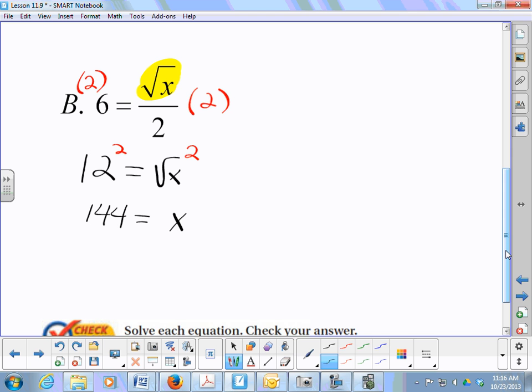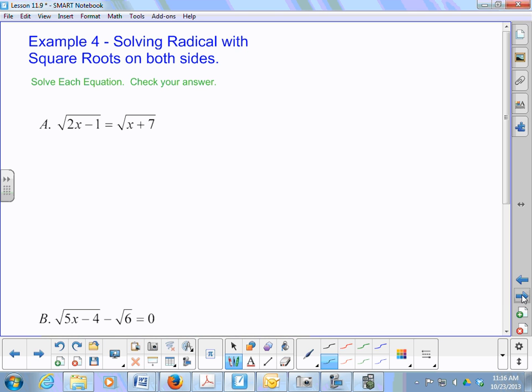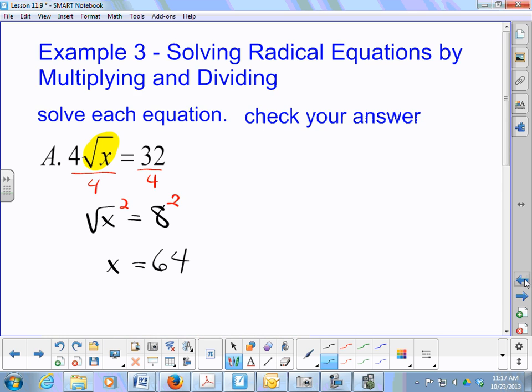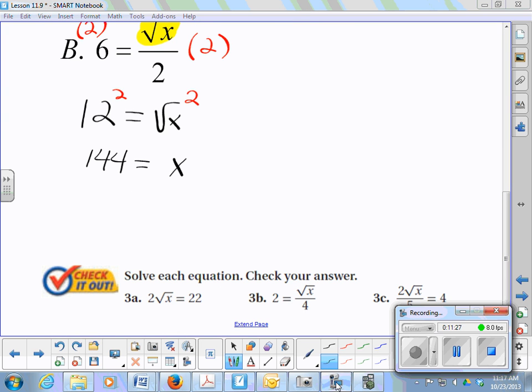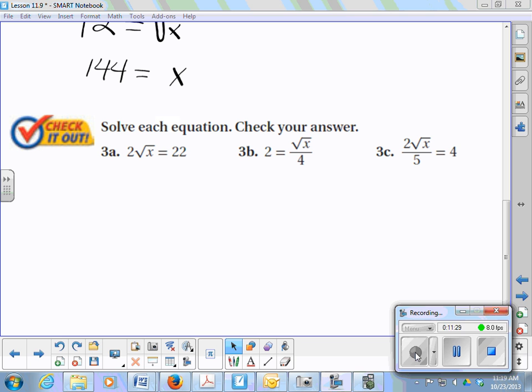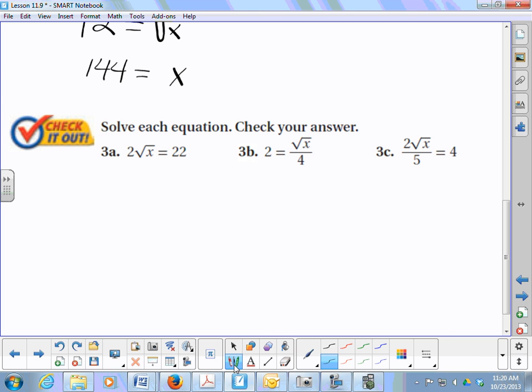Isolate the radical. Let's practice one of them. Over here, pause. x equals 100. How many people got 100?